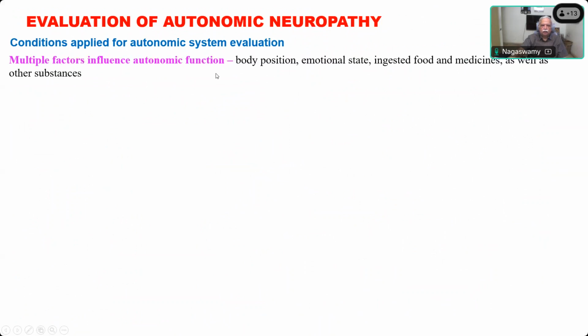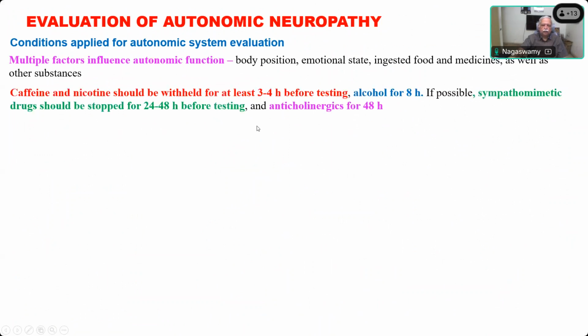Multiple factors influence the function, like body function, emotional state, ingested food, medicines the patient takes, or other substances of abuse. Caffeine and nicotine should be withheld for at least 3 to 4 hours, alcohol for 8 hours, and all the drugs being taken should be stopped for at least 24 to 48 hours, especially anticholinergics for 48 hours.